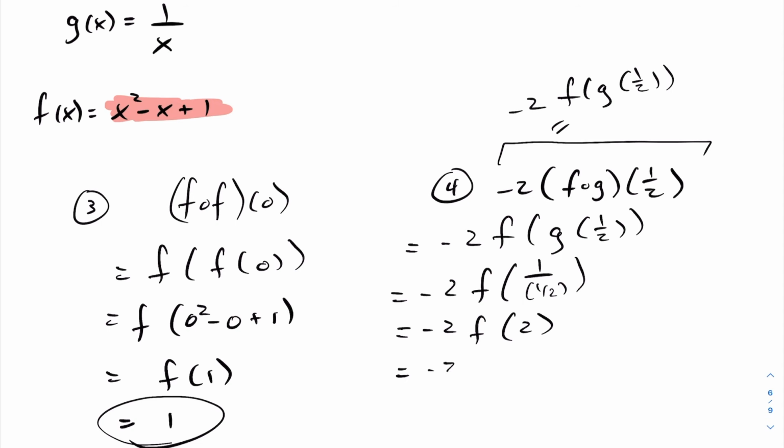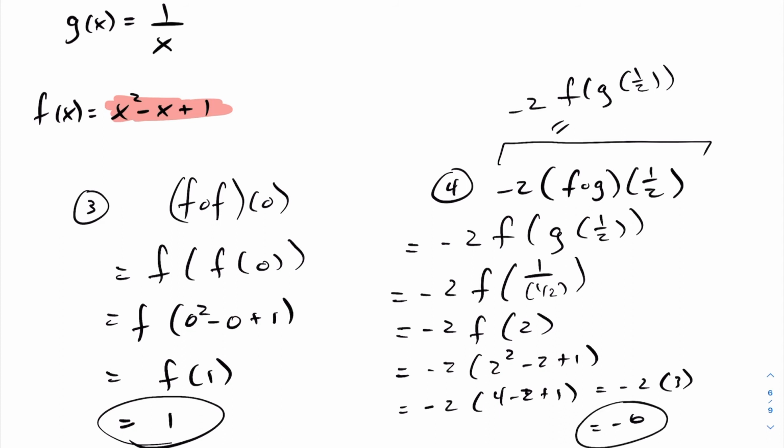Well, f at 2 is going to be -2 times 2 squared minus 2 plus 1. And we get -2 times 4 minus 2 plus 1, which is -2 times 3, which is -6. So now we have here f composite f at 0 is 1, and -2 times f acting on g at a half is -6. Let's take a look at some more examples.